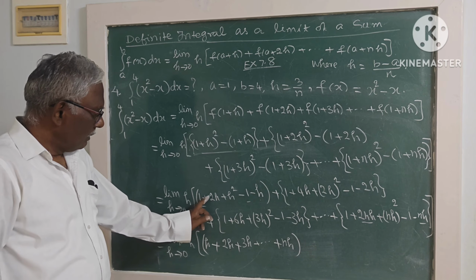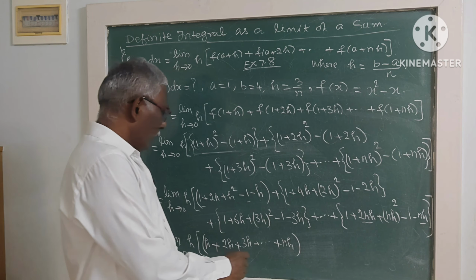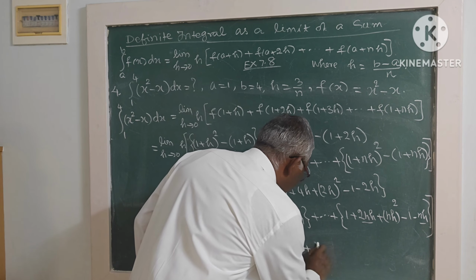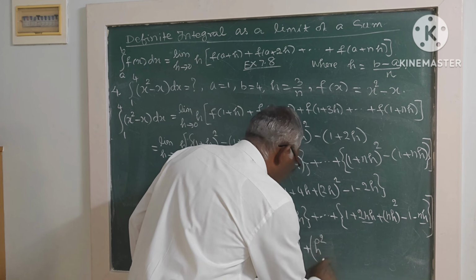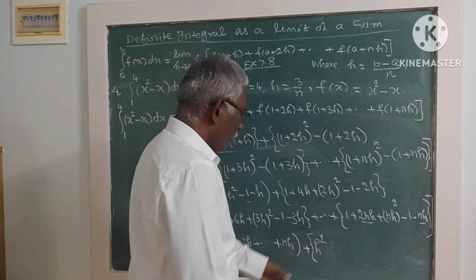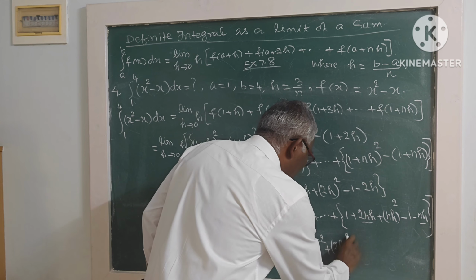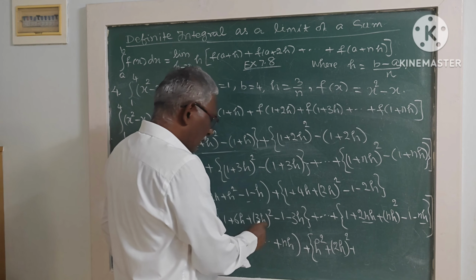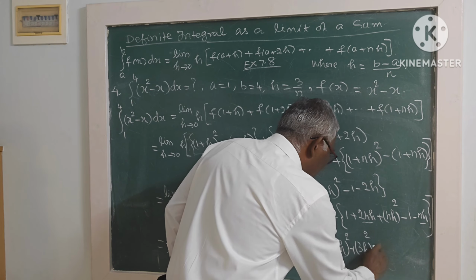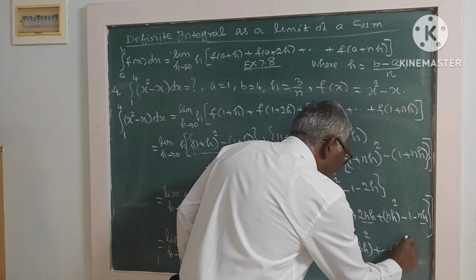So we consider this term, this only h square term is there now, plus h square, plus (2h) whole square, plus (3h) whole square, plus etc. plus (nh) whole square.